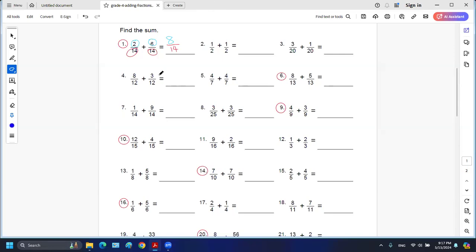So we could just start by dividing by the common factor, which is 2, because 8 is an even number and 14 is also an even number. So 8 divided by 2 is 4, and 14 divided by 2 is 7.